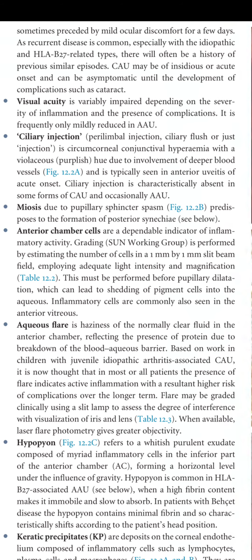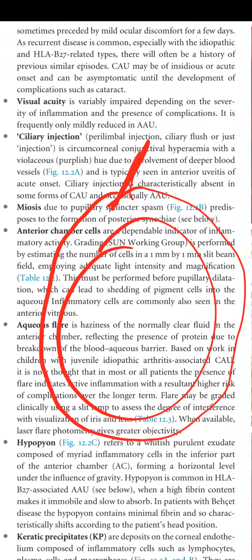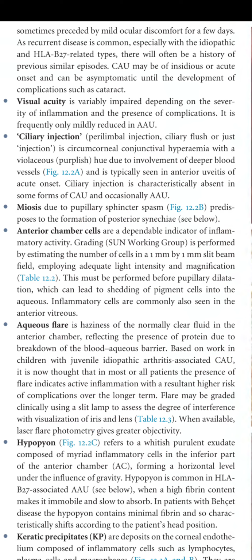So it is very different from conjunctival injection. Basically, in this ciliary injection, there will be inflammation around the limbus. Ciliary injection or a perilimbal injection, ciliary flush, or just injection, is circumcorneal conjunctival hyperemia with a violaceous purple hue due to the involvement of the deeper blood vessels and is typically seen in anterior uveitis of acute onset.